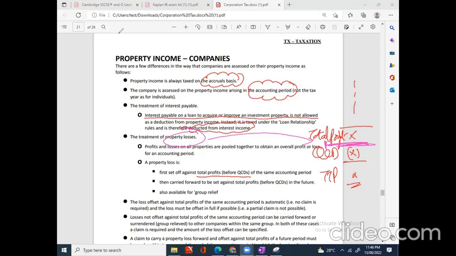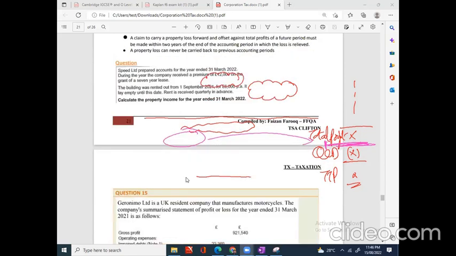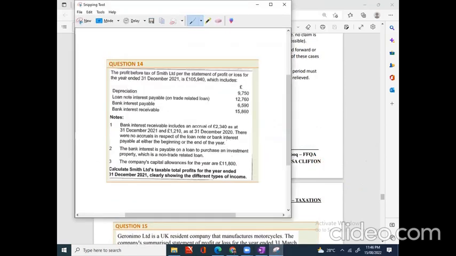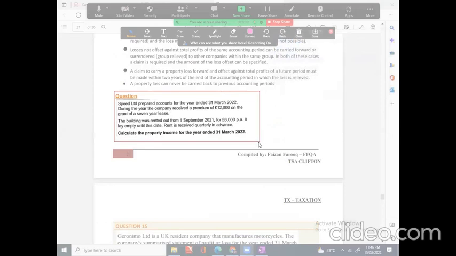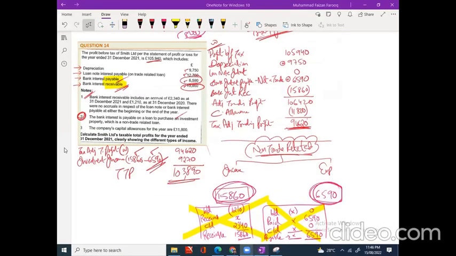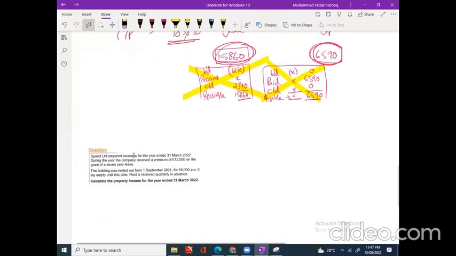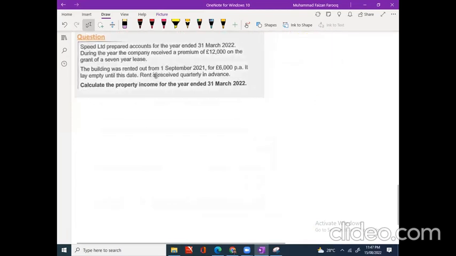No questions. Okay, now I will share a question. Here it is. Speed Limited. This is our question. Please read it out. Speed Ltd prepared accounts for the year ended 31st March 2022.